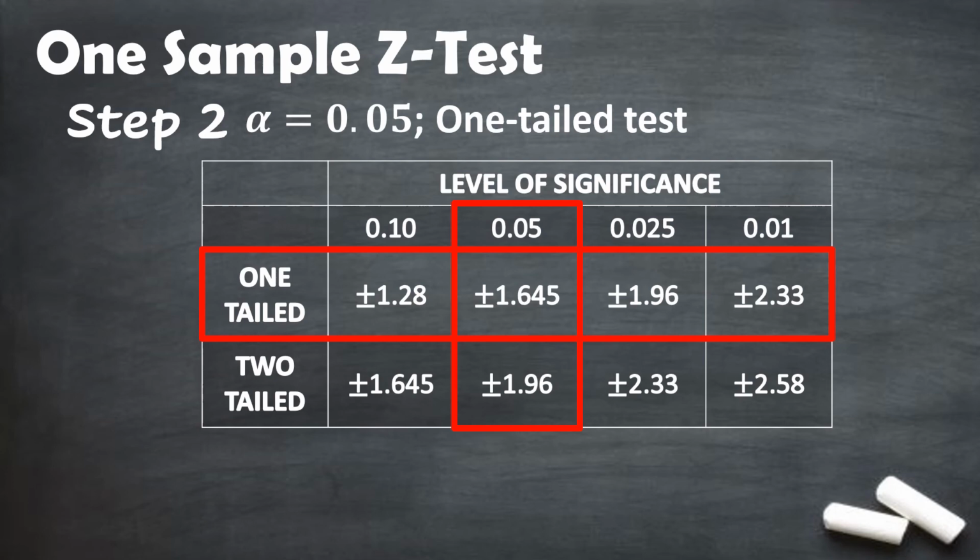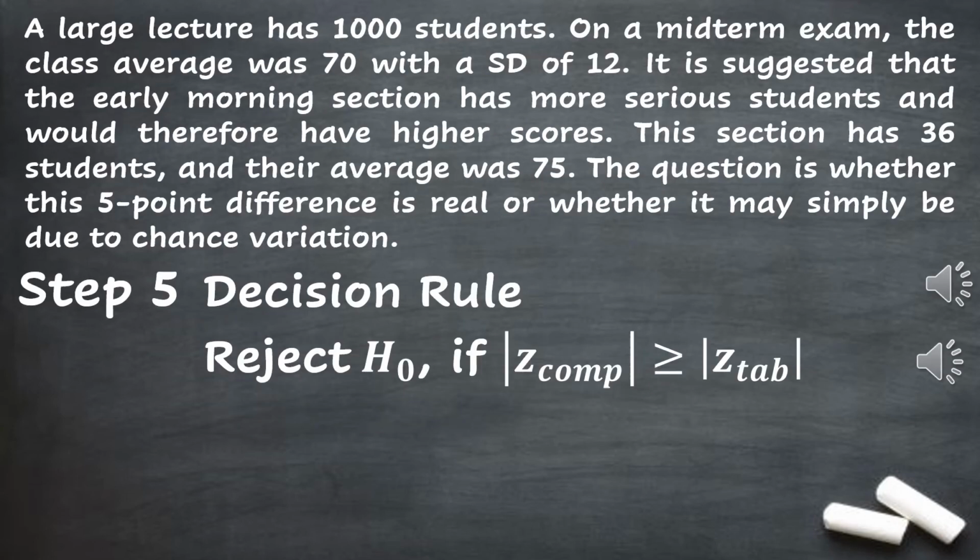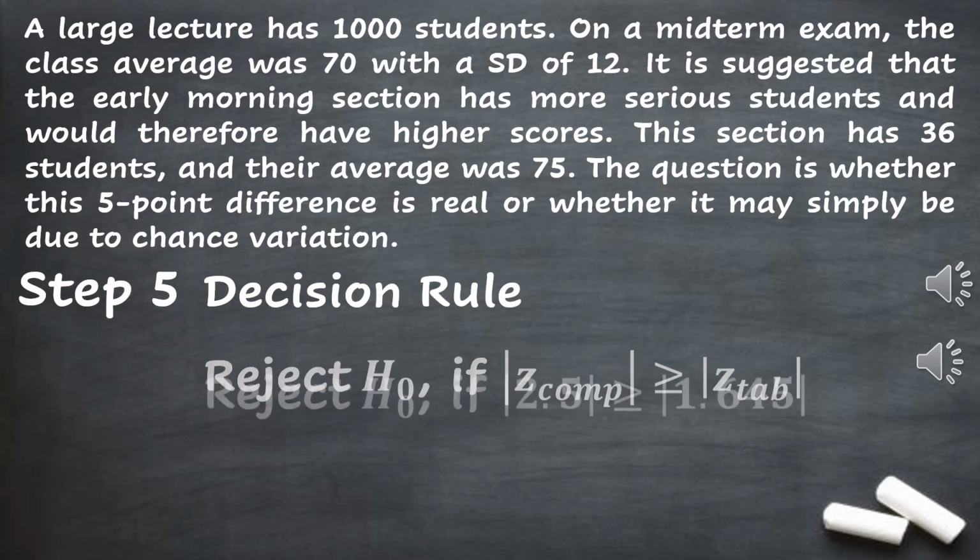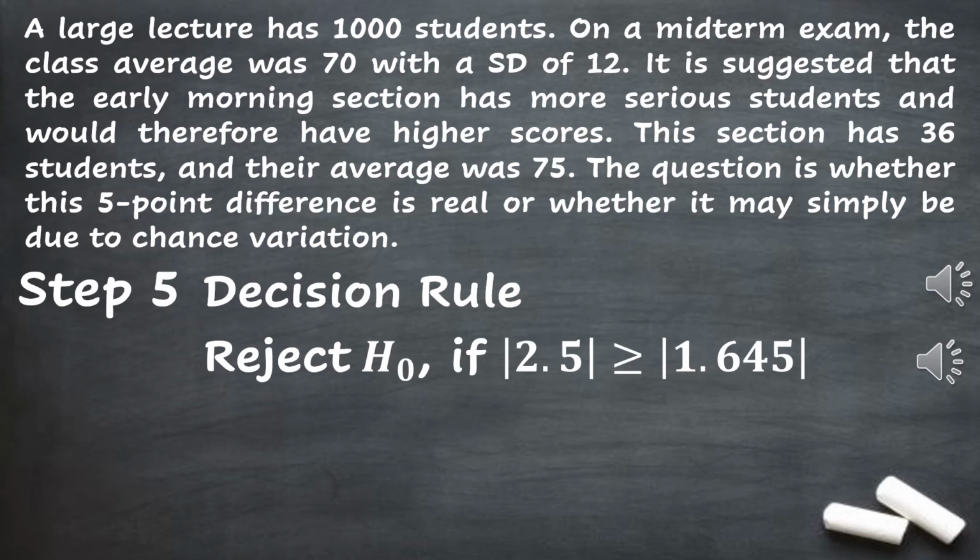Then getting the intersection of the two lines, that will be the Z tabular. We already have the value for the Z computed as well as the Z tabular. So all we have to do is substitute the given values. So we will have 2.5 is greater than 1.645.